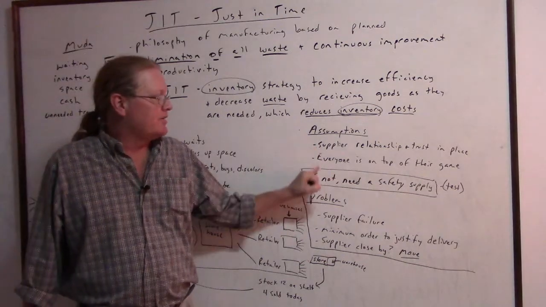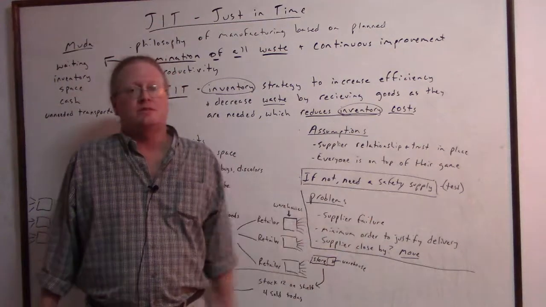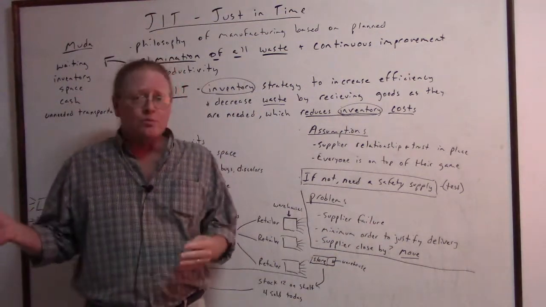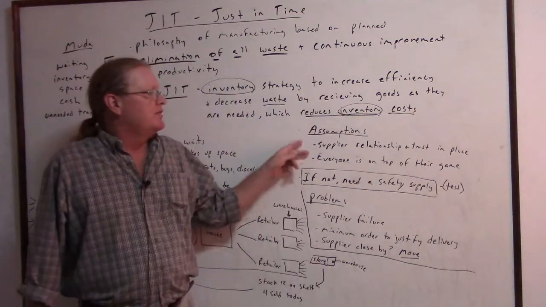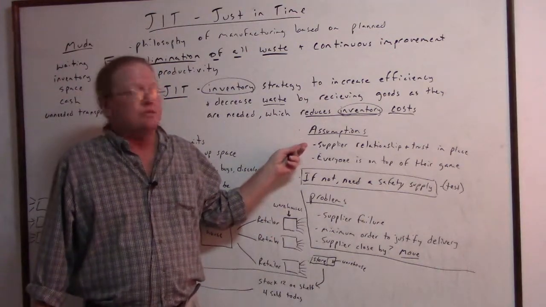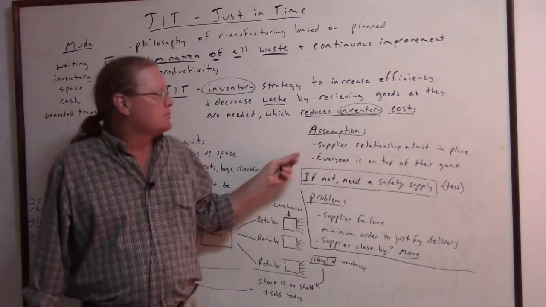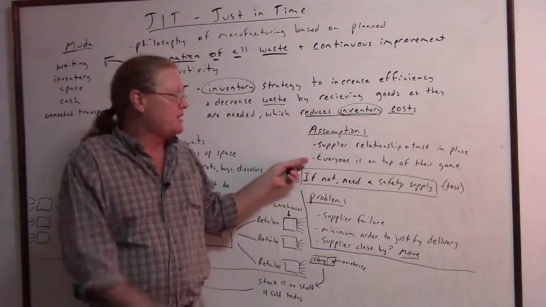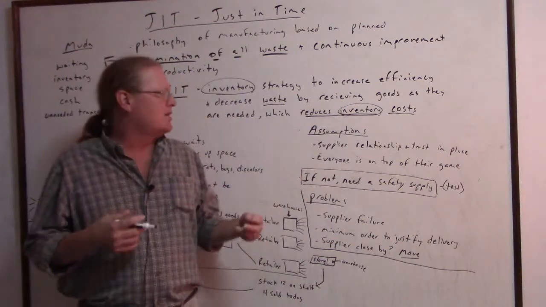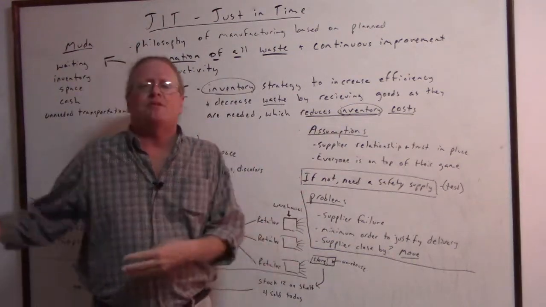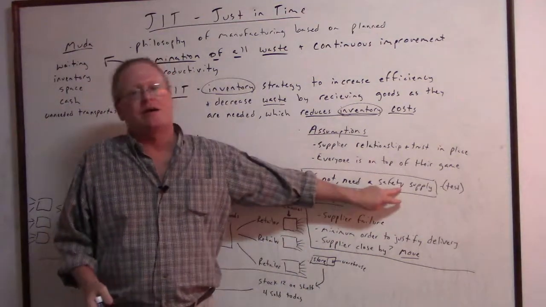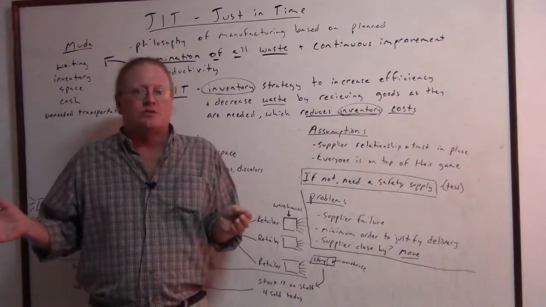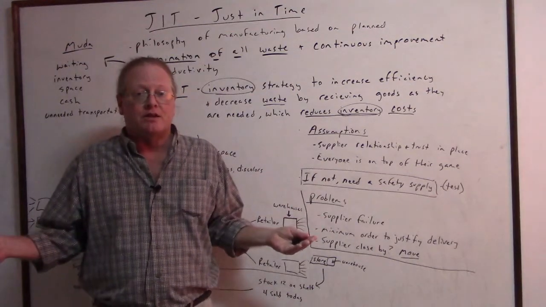Now, if this isn't in place, we have this situation. If it's not here, we need a safety supply. So whenever you have a huge safety supply, that would lead you to believe that we don't trust the supplier, we don't have a relationship with the supplier, and not only do we not trust the supplier, they might be so unorganized that we have to keep a safety supply of things. So if you have a safety supply of things, ask yourself, why do we have to have a safety supply?